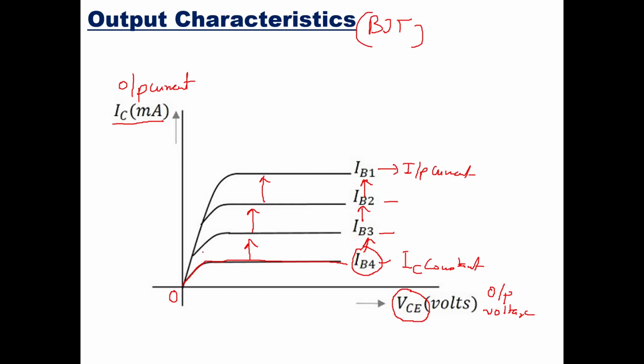In this graph, this region will be called the saturation region. Similarly, in this region, when there is not much current flowing, there is only a small leakage current flowing when IB is equal to 0.